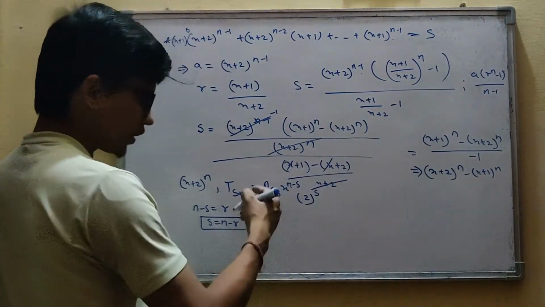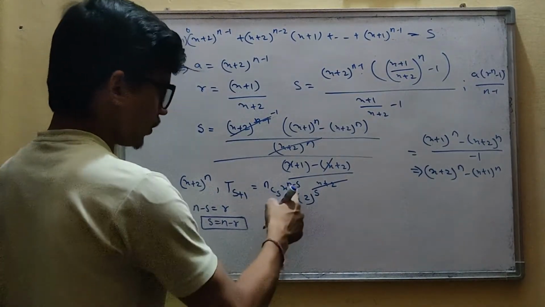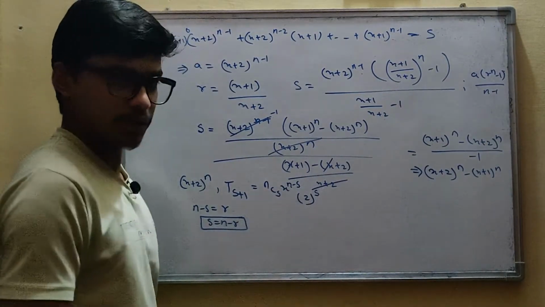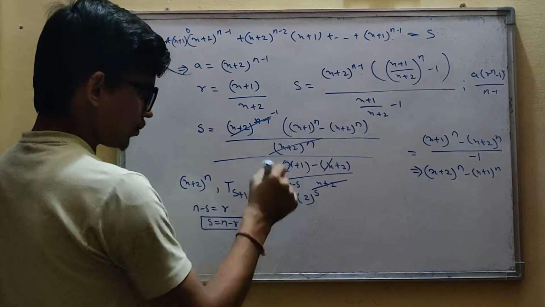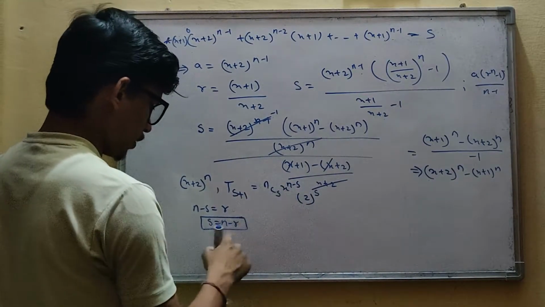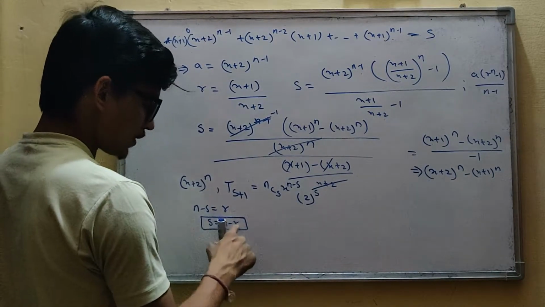Hence, in order to get the coefficient of x to the power r, you have to put n minus s equals r. This is a general method. So if n minus s is r, then we are going to get the coefficient. So we have to substitute the value of s as n minus r.